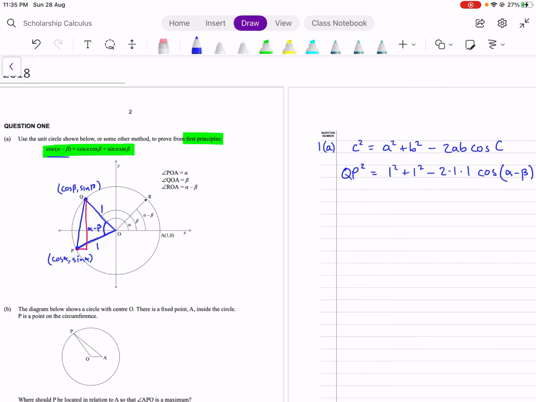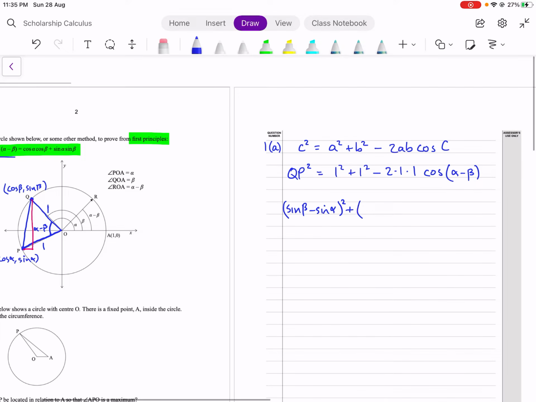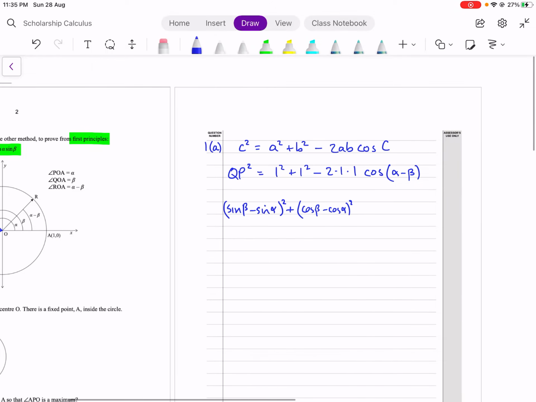So we've got sine beta minus sine alpha all squared plus cos beta minus cos alpha all squared. That's the QP squared equals 1 squared plus 1 squared, so 2 minus 2 cos alpha minus beta.